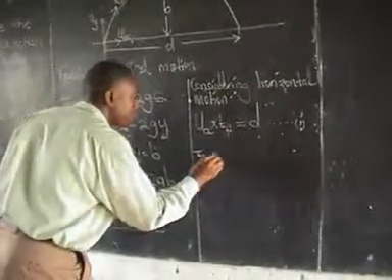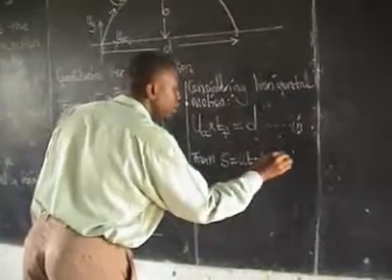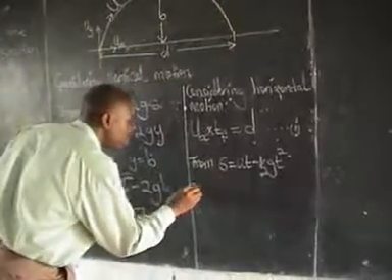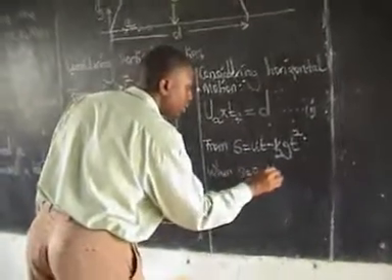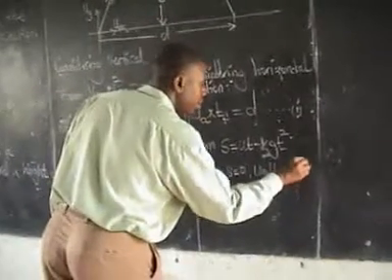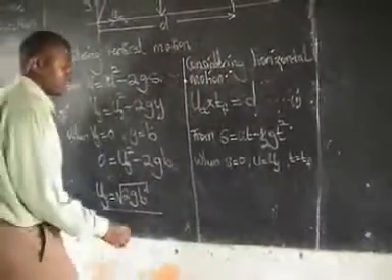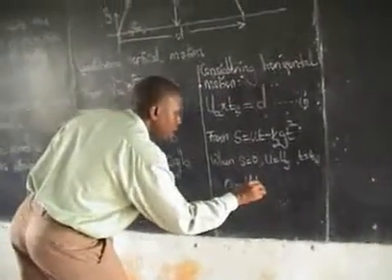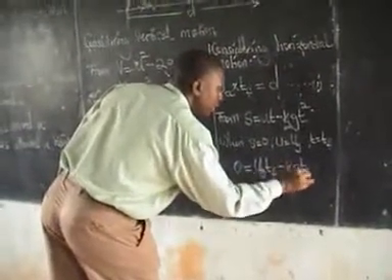So from s is equal to ut minus a half gt squared, considering vertical motion, when s is equal to 0, this u is the Uy, then the t will be equal to the time of flight which I'm looking for.